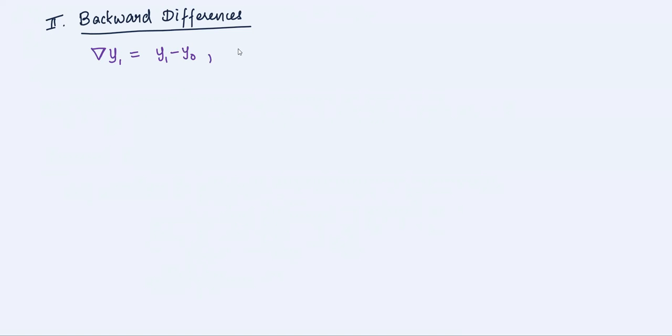So nabla y2 will be y2 minus y1, and so on. Nabla yn will be yn minus yn minus 1. So this is the first backward difference.